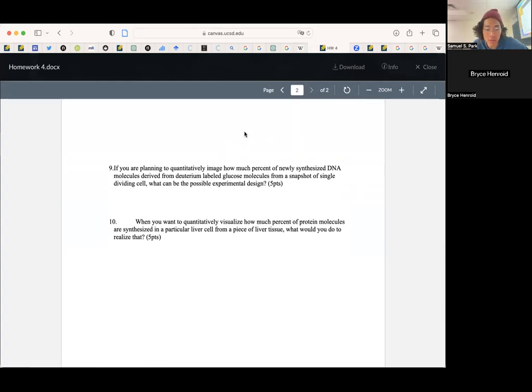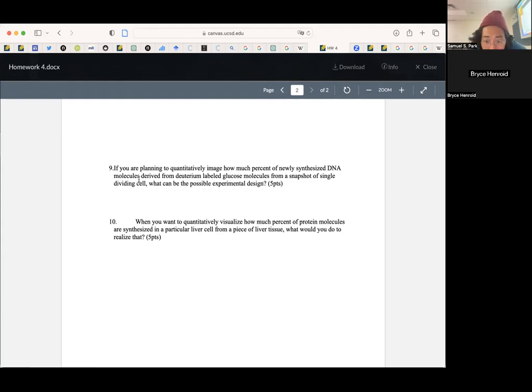If you're planning to quantitatively image how much percent of newly synthesized DNA molecules derived from deuterium labeled glucose molecules from a snapshot of a single dividing cell, I think that might be worded weird. What can be the possible experimental design?